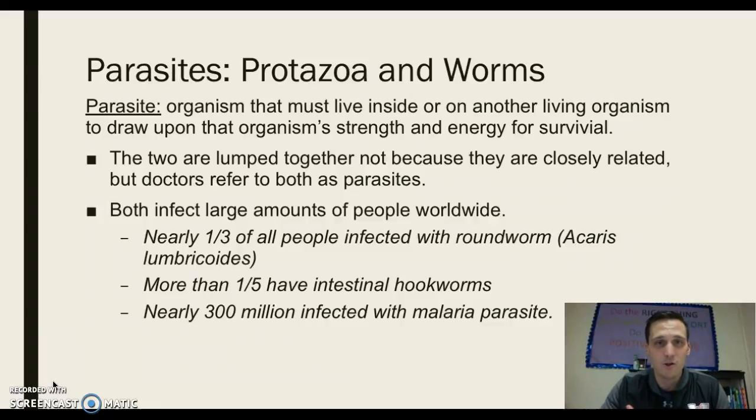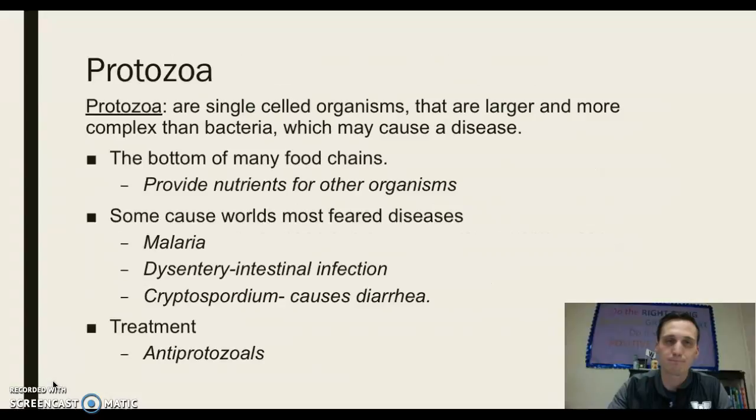Both infect large numbers of people worldwide: nearly 1/3 of all people are infected with roundworms, more than 1/5 of the world population with hookworms, and nearly 300 million with the malaria parasite. We may not hear of these as often in the United States because we typically have better health care and environments that we've taken care of. But around the world, these are severe issues.